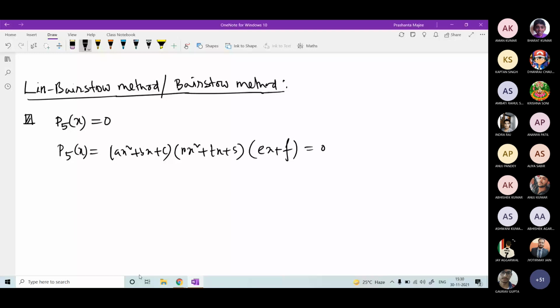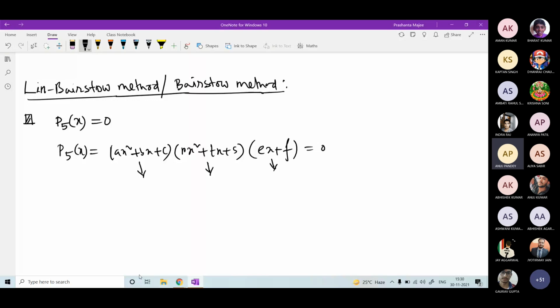Now each of these factors can be used to find the roots of the equation. To find the roots of p5(x) equals 0, you equate each of the factors to 0 and then solve them. You know how to solve quadratic and linear equations; they are very easy to solve.